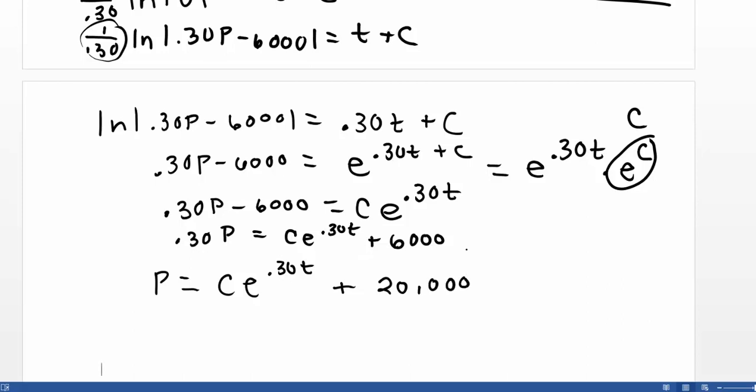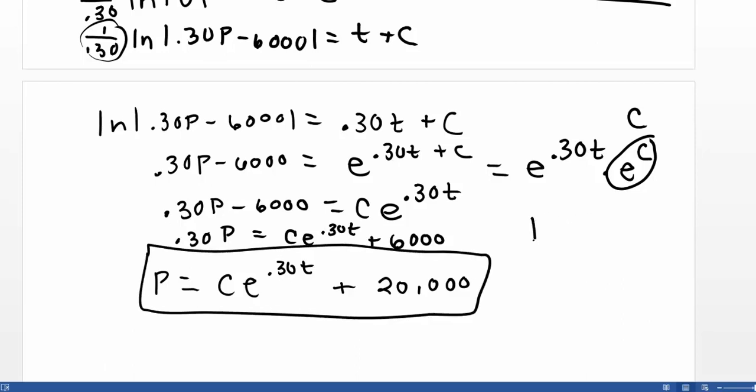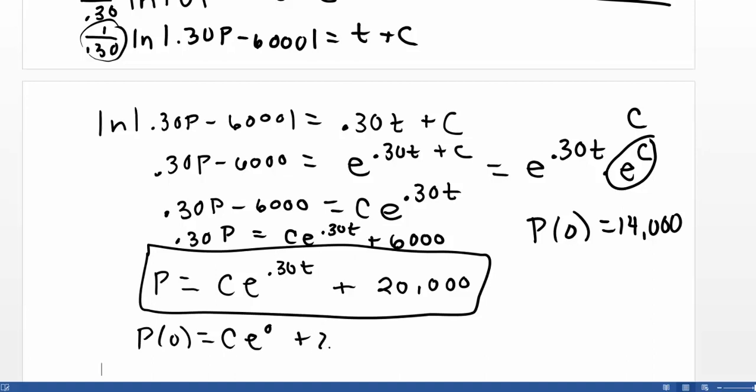So now we have what's called our general solution. We had to do a lot of work in algebra and integration to get there, but we have a general solution. However, we had an initial condition here. So remember, there were initially 14,000 deer, right? So that means if we plug in a 0 for t, we can solve for c. So p of 0 equals c e to the 0 plus 20,000.